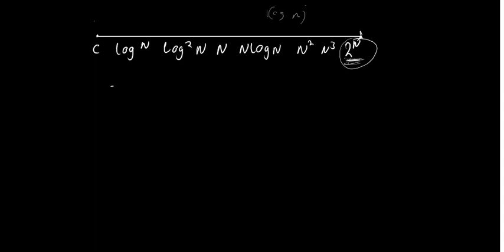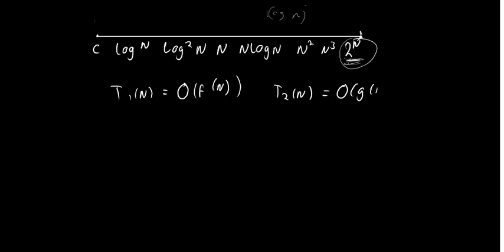First of all, if we have T1 of n being equal to big O f of n, and T2 of n being equal to big O g of n, then one, we can add these.